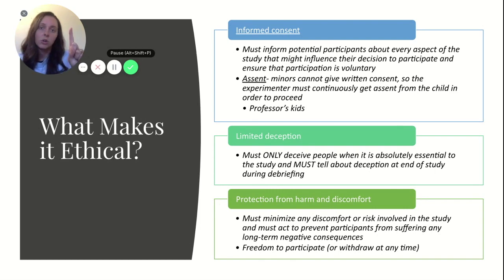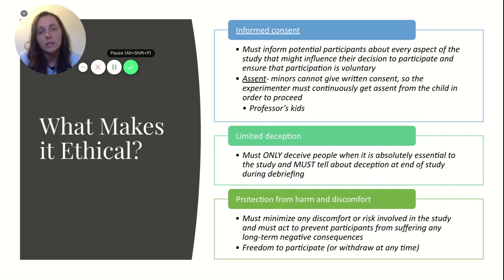So that person has to be told everything in order for them to decide if they want to do it or not. And it has to be voluntary. No one can say, hey, you're part of this research, you have no choice. That's not okay. So there must be informed consent.